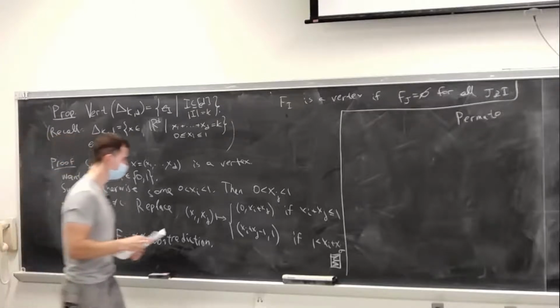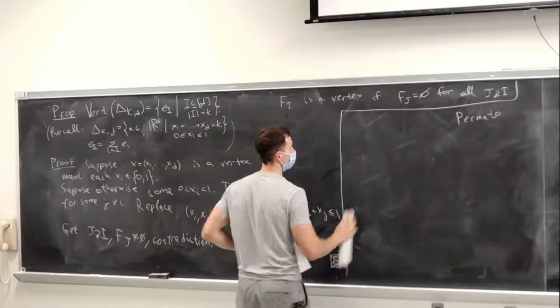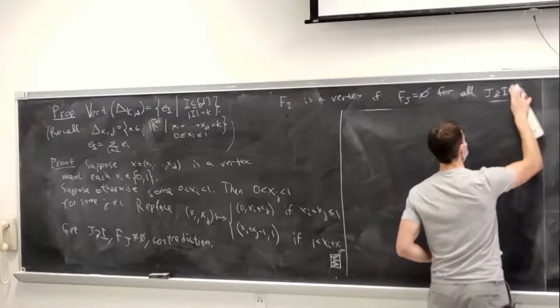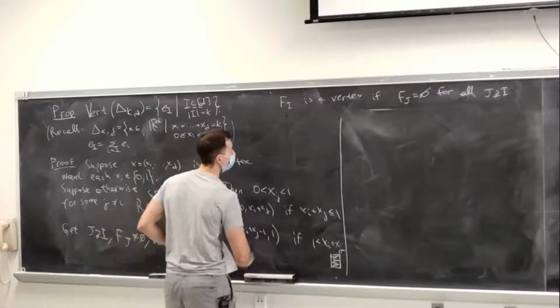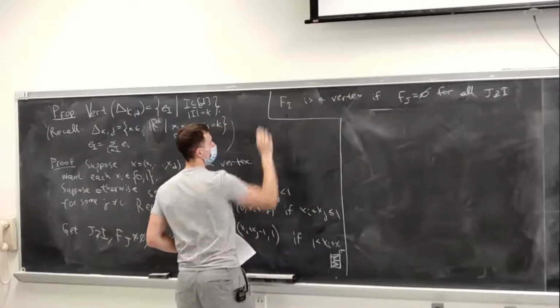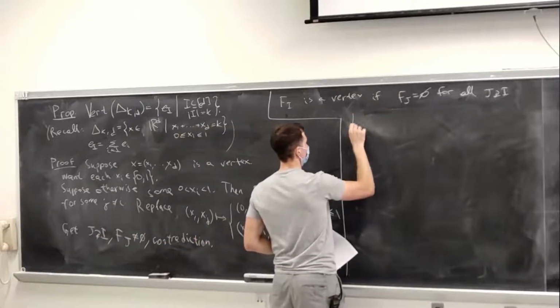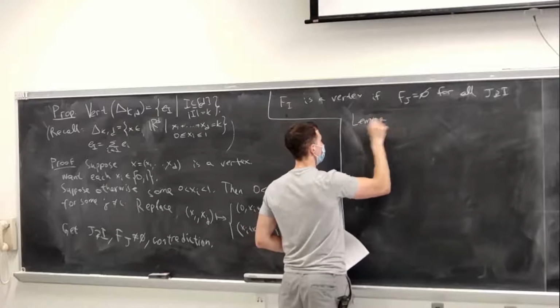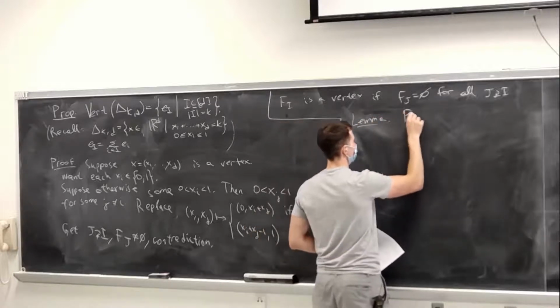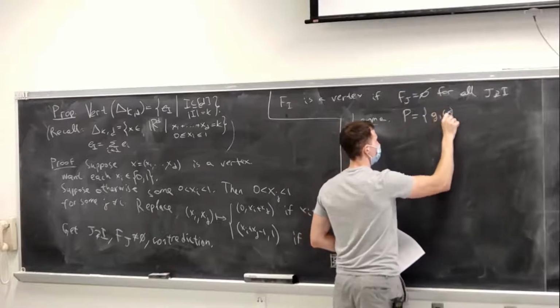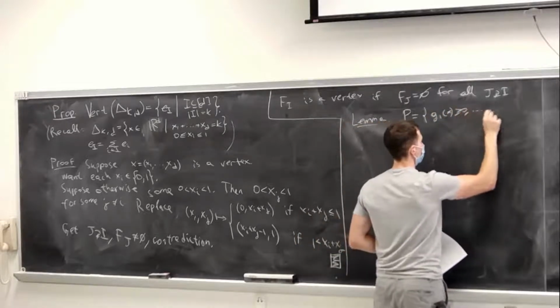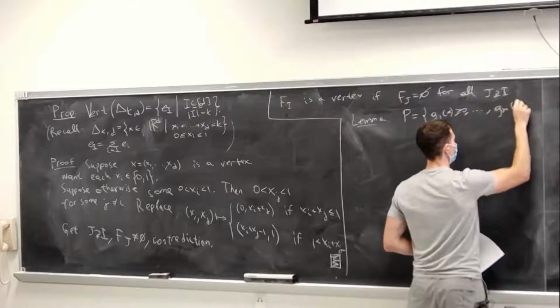Okay, let me try to formulate the correct property then. The correct property is this lemma. Suppose that you have a polytope which is given by g1 of x, up to gm of x.